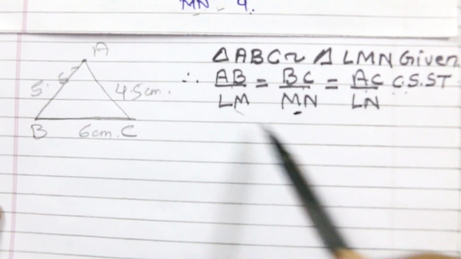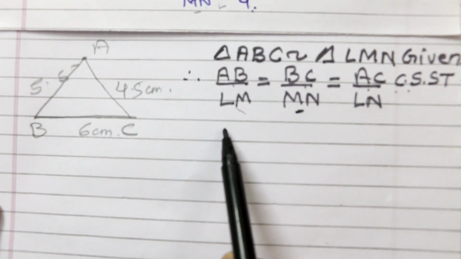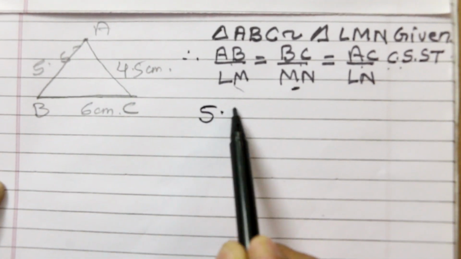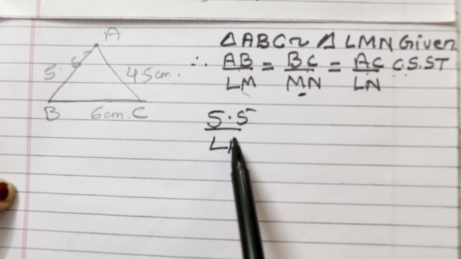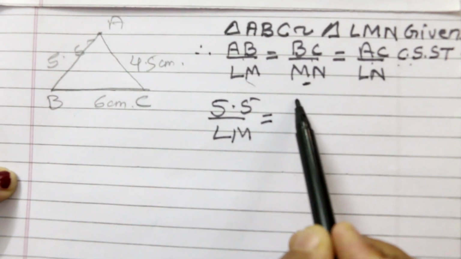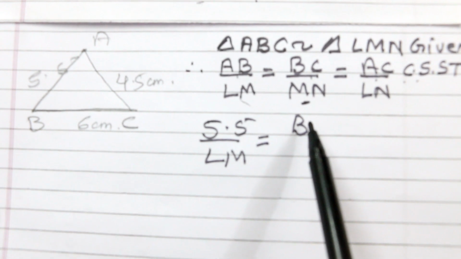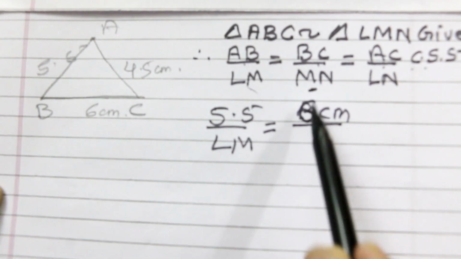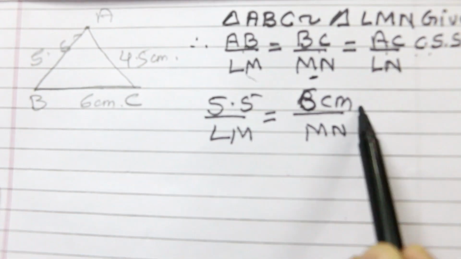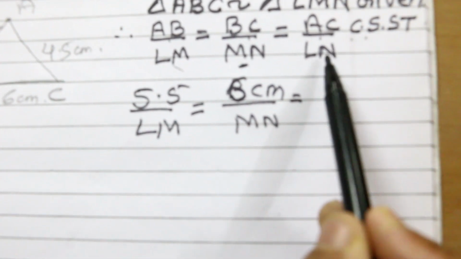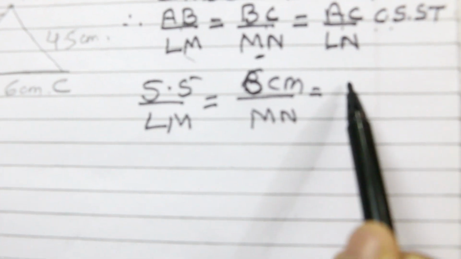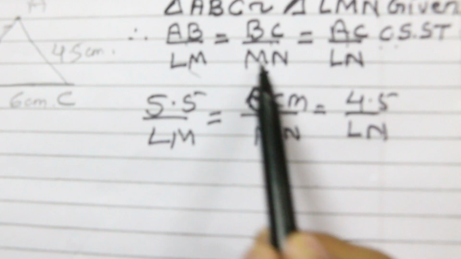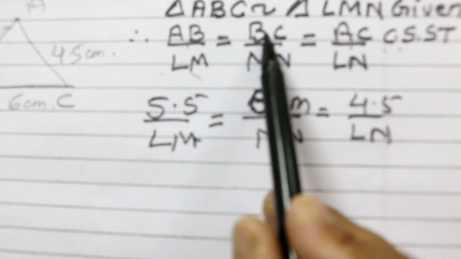If I place the values, AB is 5.5, LM we don't know, is equal to BC is 6 centimeter upon MN we don't know, equal to AC is 4.5 and LN we don't know, but each ratio is equal to BC upon MN.